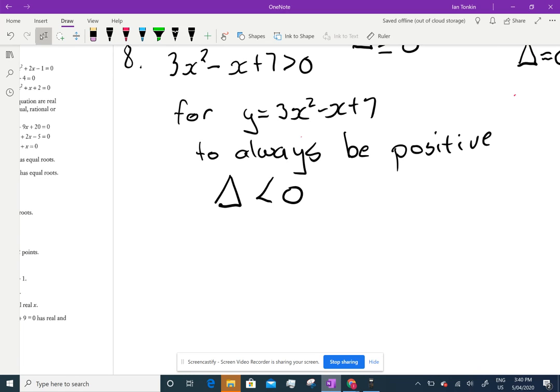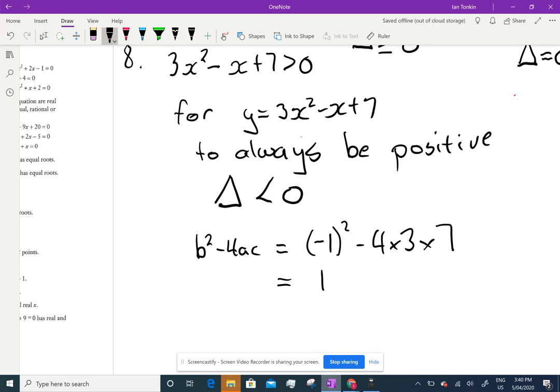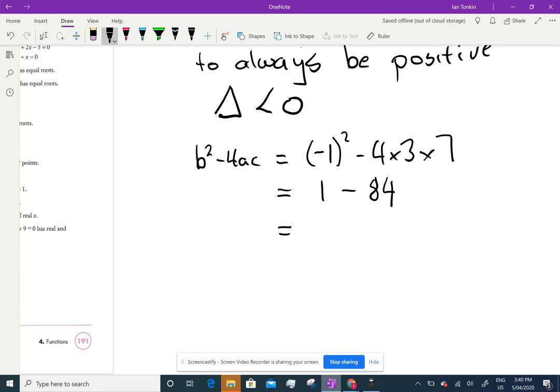Well, the discriminant is b squared minus 4ac. And what does that equal? Negative 1 squared minus 4 times 3 times 7, which is 1 minus 84, which is negative 83, which is a negative number less than 0.